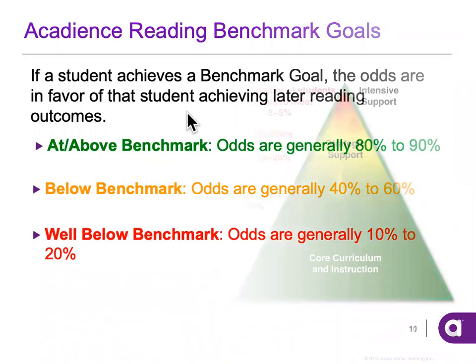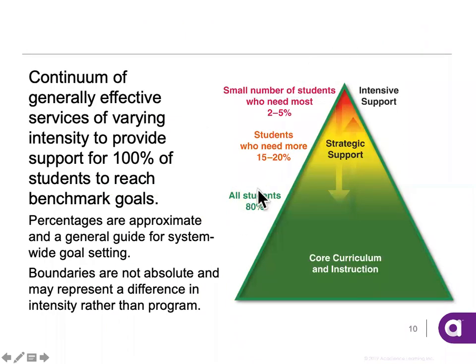The mission that we're on is to get 100% of students to the benchmark goals, not because we're idealistic or visionary or hopeful, but because the benchmark goal is designed to be the lowest acceptable score. So every student who has reading as a goal needs to be at that benchmark.